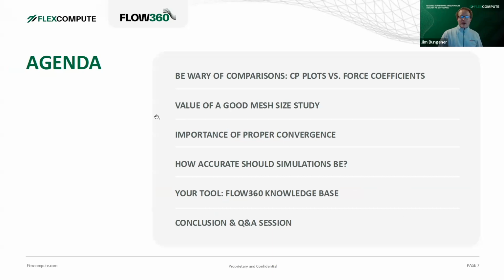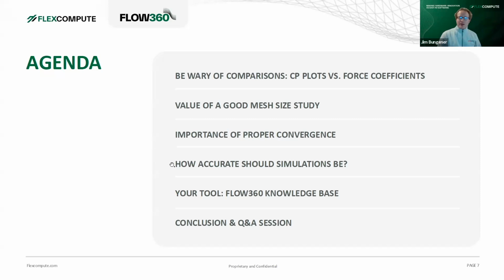So I'm going to have 4 key sections. First one is to be wary of comparisons. I'm going to bring an example of a CP plot versus force coefficients. And then I'm going to discuss the value of a good mesh size study. Combine that with the importance of proper convergence.